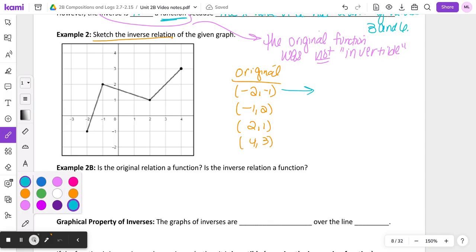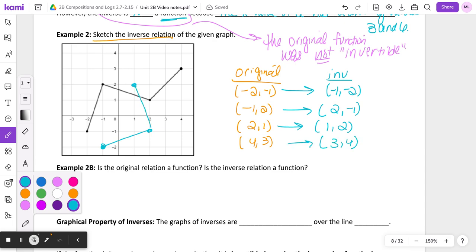Now if we want to sketch the inverse, we want to switch those. We want to sketch (-1, -2), and we want to plot (2, -1). Then we've got (1, 2). And lastly, (3, 4). So this is the inverse.